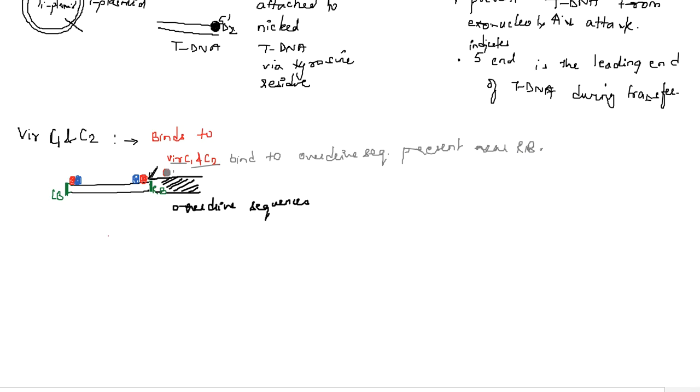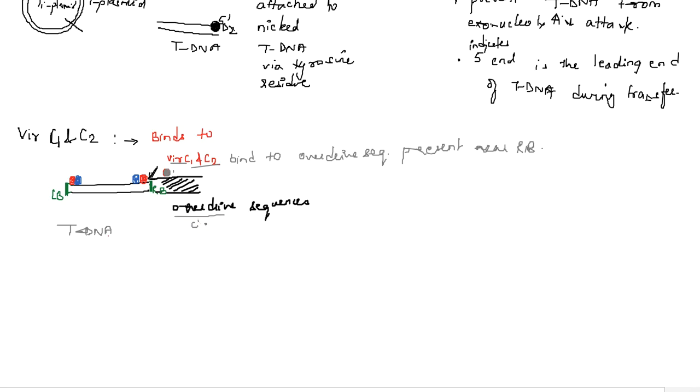And what is the role of these sequences? Near the right border of this T-DNA region, there is a cis element.